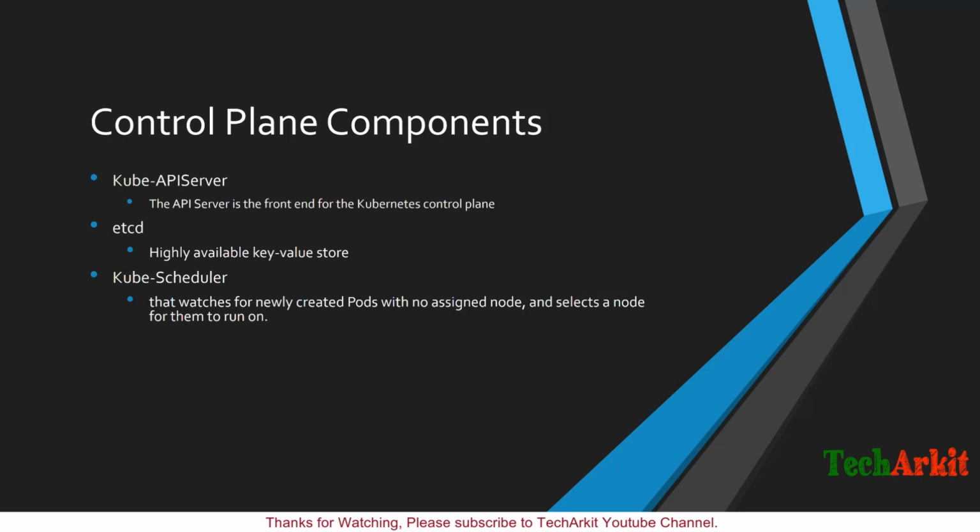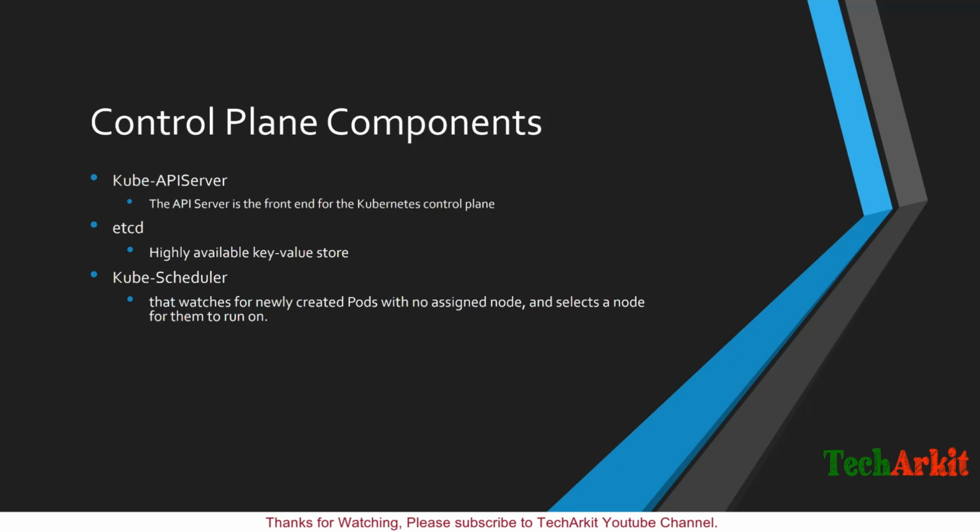Kube scheduler is another component in Kubernetes that watches for newly created pods with no assigned node and selects a node for them to run on. Whenever you create a pod on the Kubernetes cluster, initially it is not assigned to any node.